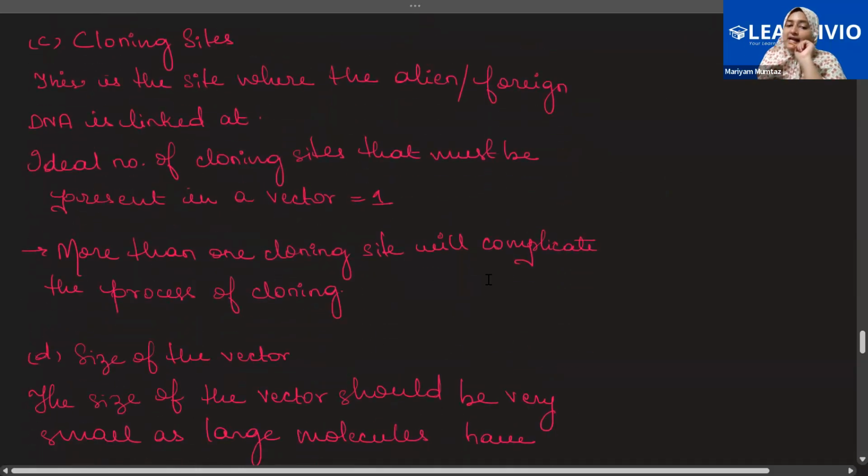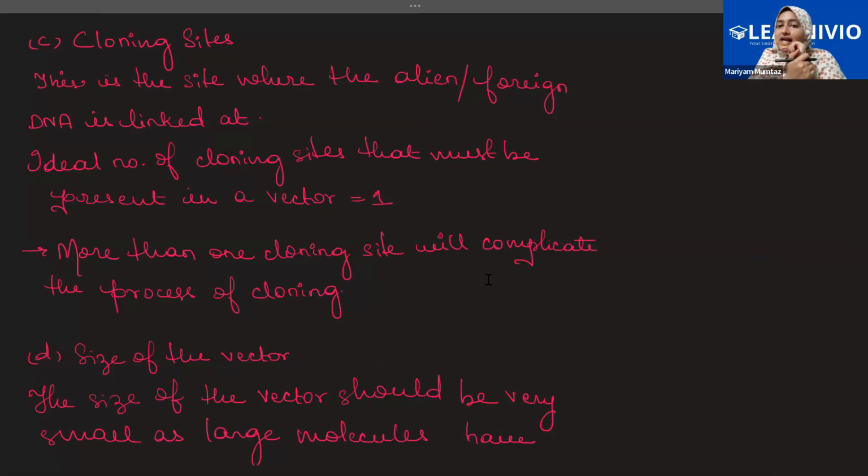Now talking about the next feature that the vector should have, the presence of a cloning site. Obviously. I'll take a very silly example. For example, for girls, there are so many hair accessories available, right? Clips are there, hair bands are there, hair extensions are there, isn't it?